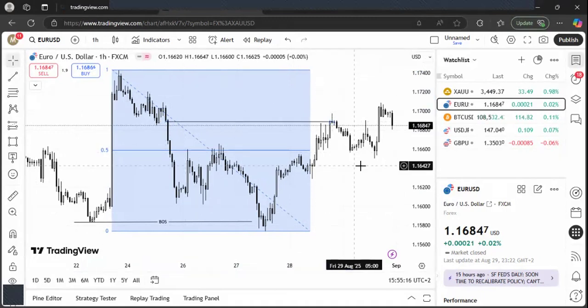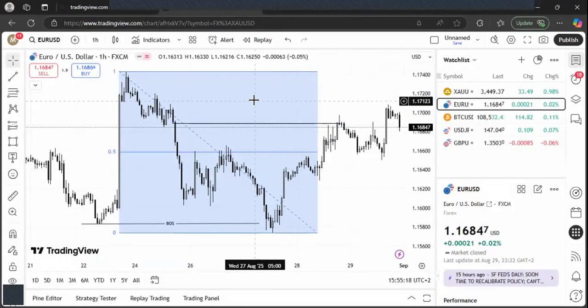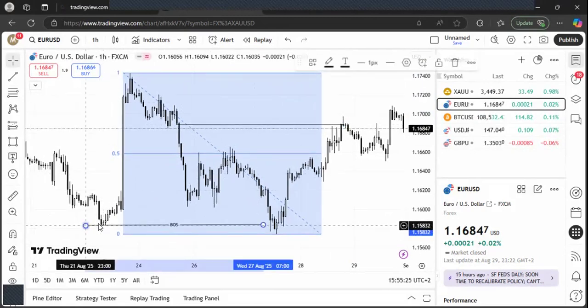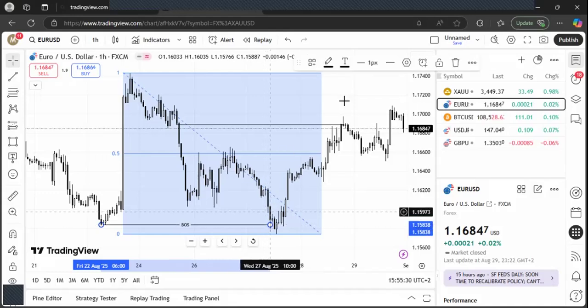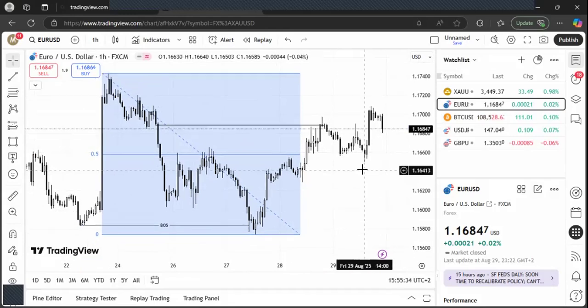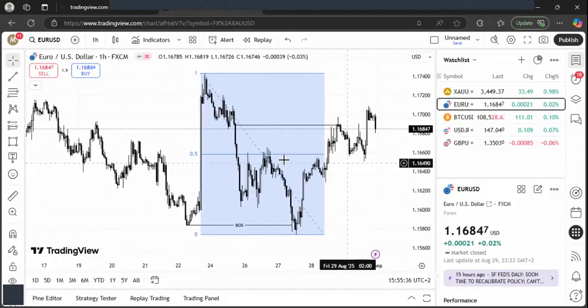But we have to do, as I said, we sell where? We sell at premium and then we buy at discount. And right now, the market is looking bearish. So therefore, we are going to the downside. We are going to the downside normally.